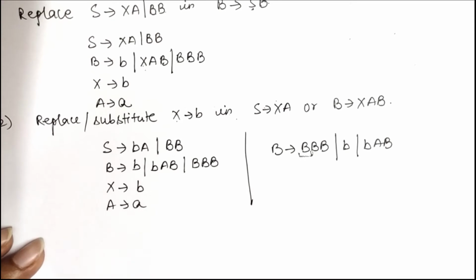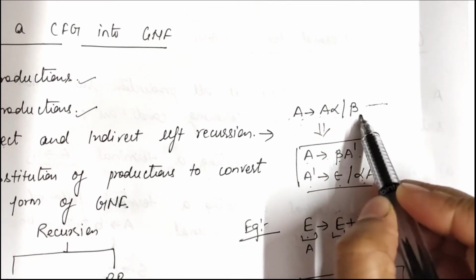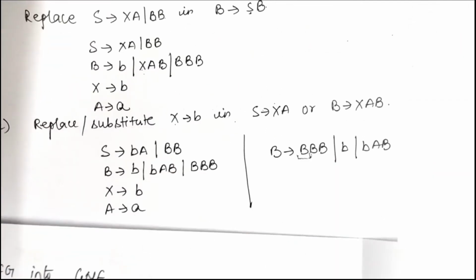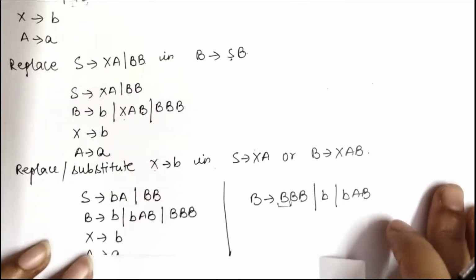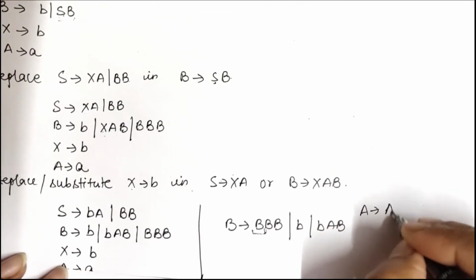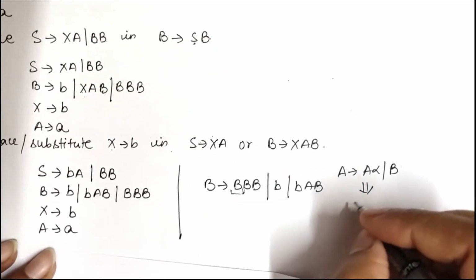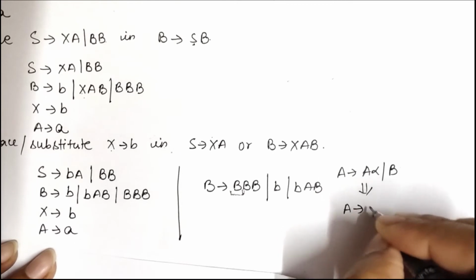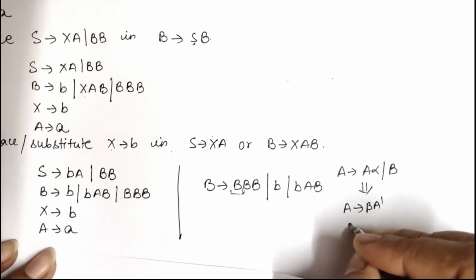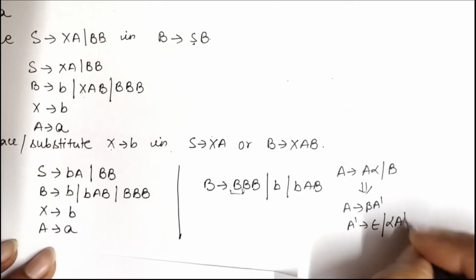So in order to remove this left recursion, the grammar is in the form of A derive A alpha or beta. So we have to convert it into the form A derive beta A dash, where A dash can be epsilon or alpha A dash.